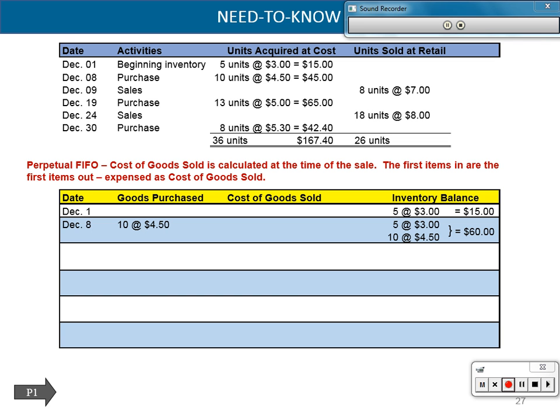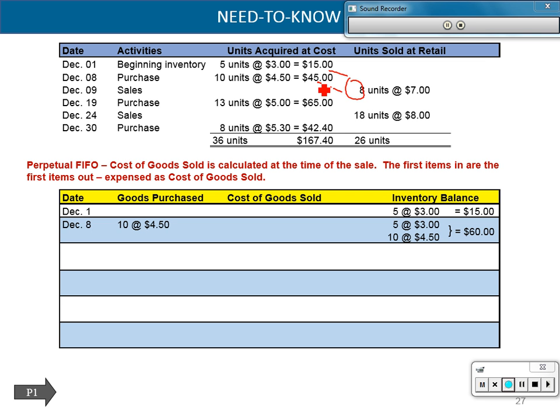So we're going to pull the 5 at $3 and 2 more at $4.50. So you're going to pull 5 here, 5 there, and then 2 from there, which means that you have how many units remaining in inventory at that point? One, oh, you have 8. 8 units at $4.50, right?